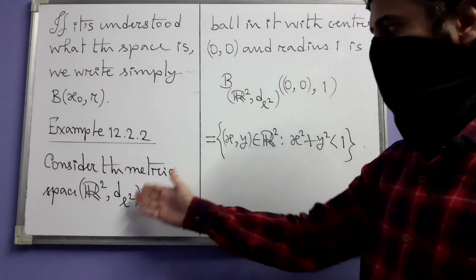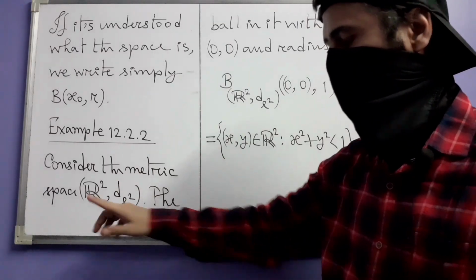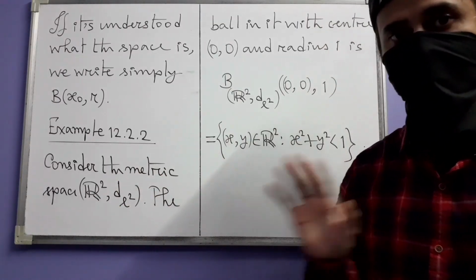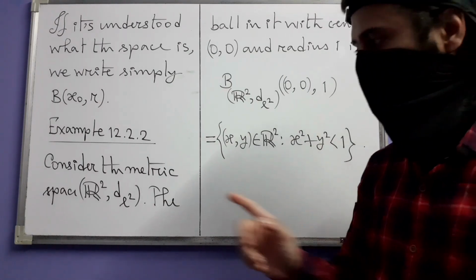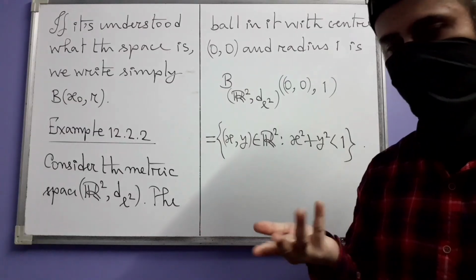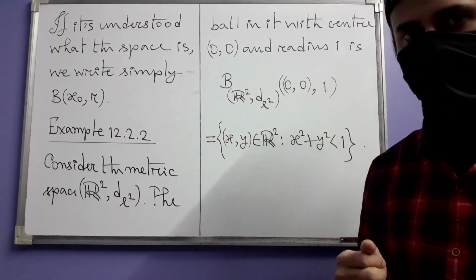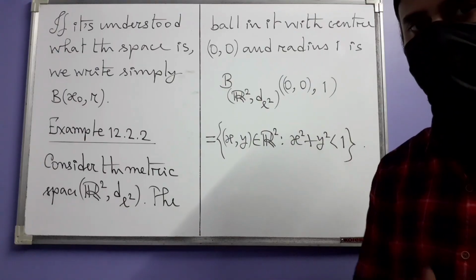So in this example, we are considering the metric space which is what I said just now. That is, we are going to the source of this definition. This is our usual plane, and the metric is also our usual distance measuring metric that we always use when we study ordinary plane geometry.